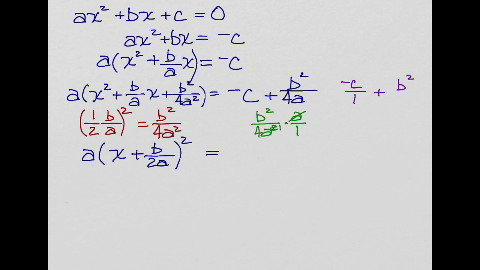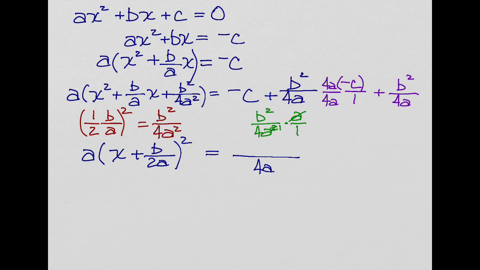B squared over 4a. My common denominator, well, the only denominator that isn't 1 is this 4a. So if I multiply my negative c times 4a, top and bottom, that'll get me my common denominator of 4a.